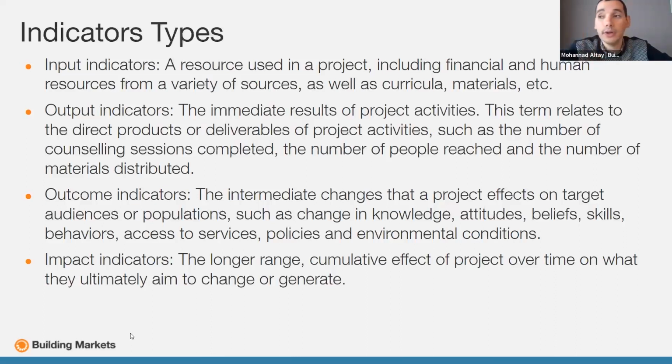It is correct to say that they are different stages. Input indicator is stage one, output indicator is stage two, and so on. It is correct to think of it like this, but they are not the same, and they don't indicate the same result either.